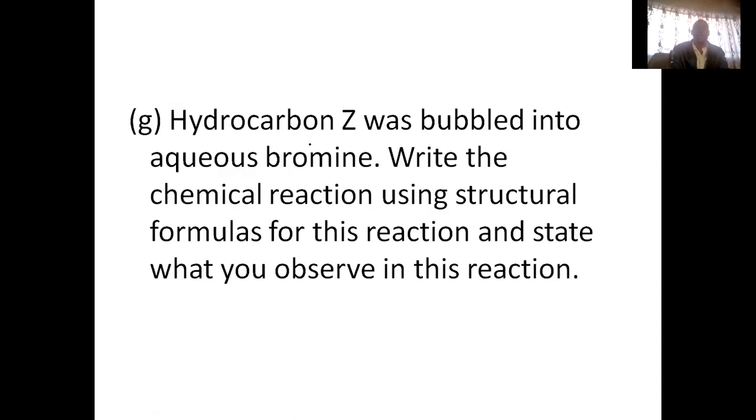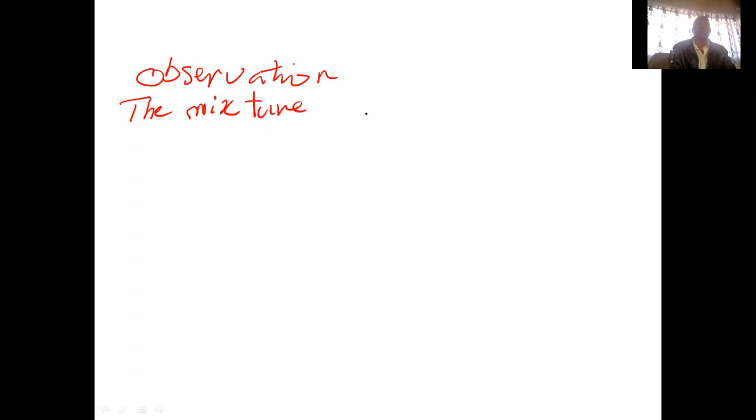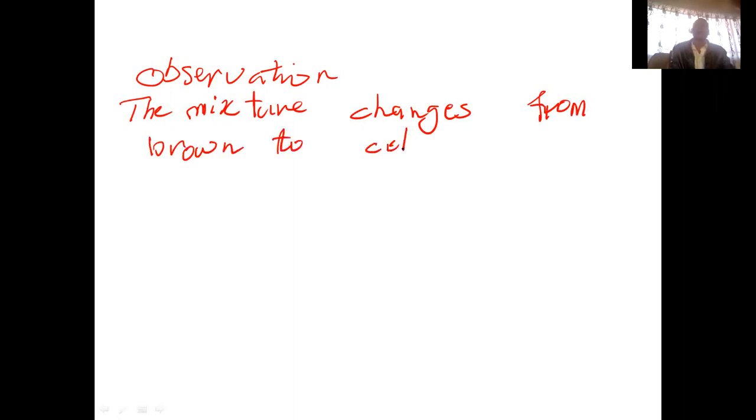So what do you observe? Observation is that the mixture changes from brown to actually colorless.